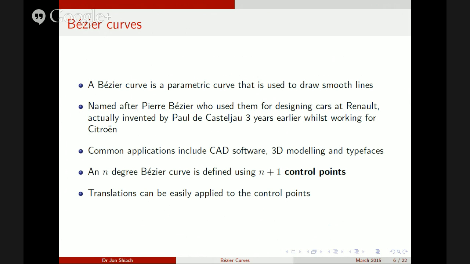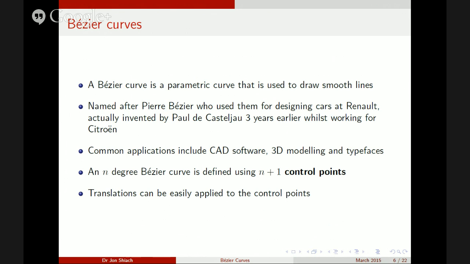Bezier curves are essentially polynomial functions. And if we have an n-degree Bezier curve, we need n plus 1 control points to define it. So a Bezier curve is defined by a number of control points. So if we have a quadratic curve, we need 3 points to define it. Translations, rotations, reflections, etc., can easily be applied to the control points.